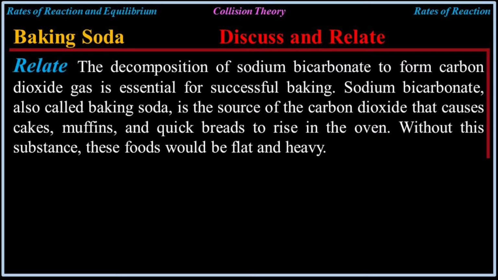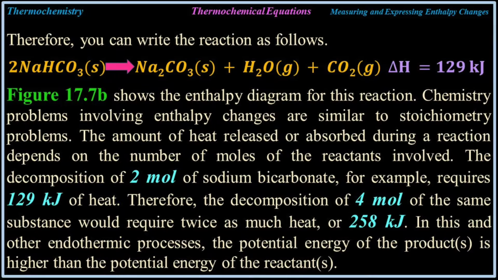Baking soda. The decomposition of sodium bicarbonate to form carbon dioxide gas is essential for successful baking. Sodium bicarbonate, called baking soda, is the source of carbon dioxide that causes cakes, muffins, and quick breads to rise in the oven. Without this substance, these foods would be flat and heavy.